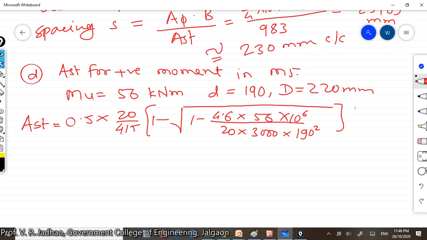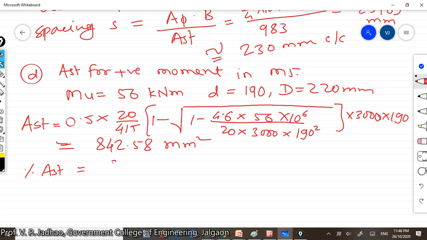Multiply this with b into d, that is 3000 multiplied by 190. So we get AST equal to 842.58 mm square.